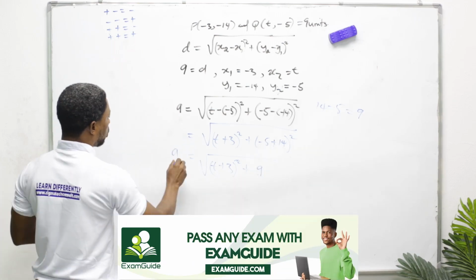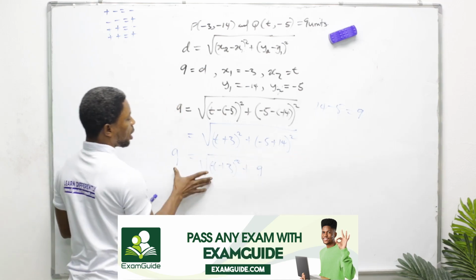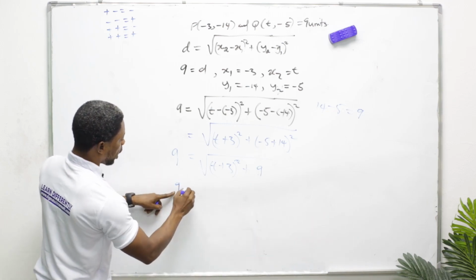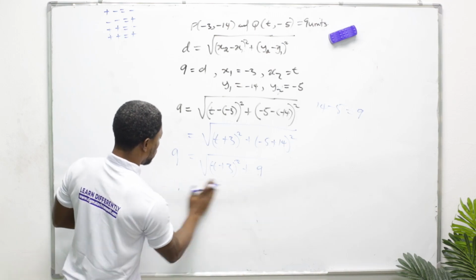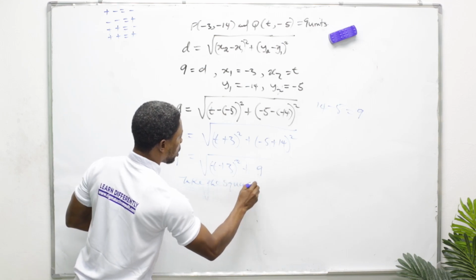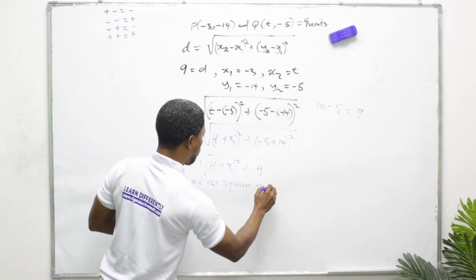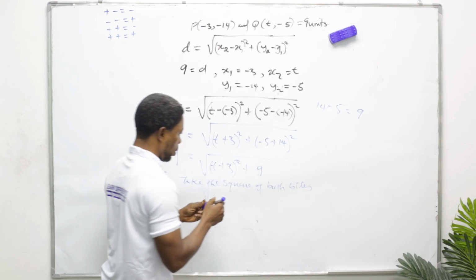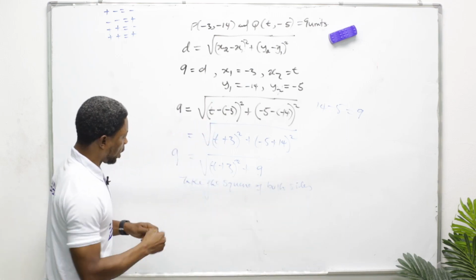Now, the next thing you do is to remove this square root here. That means take the square of both sides. That means I'm going to have 9 is equal to, or let me write so that you can take the square of both sides. This is what I mean by that.